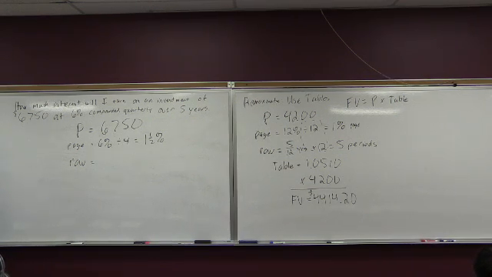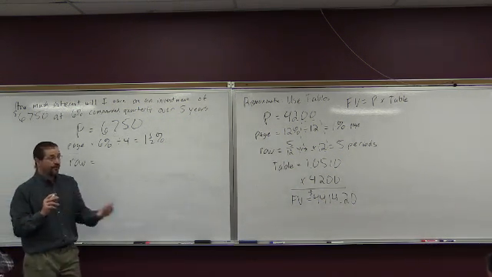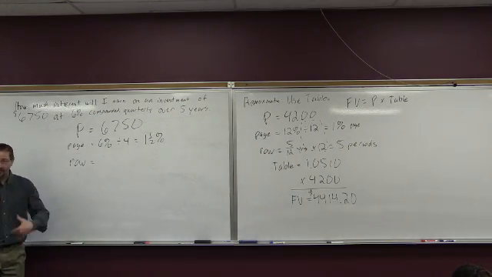Now, what row am I going to go to? 20. Why 20? Quarterly for 5 years. Quarterly means you're going to do it 4 times a year, and you're going to do that for 5 years.